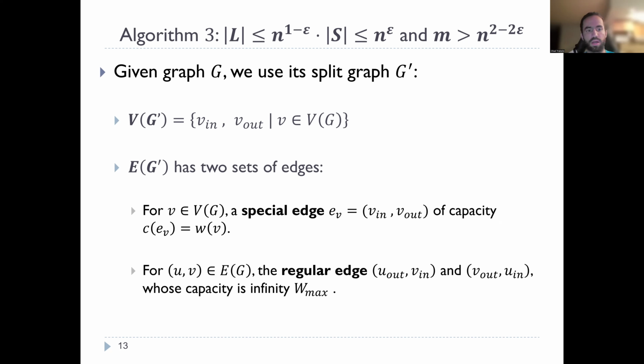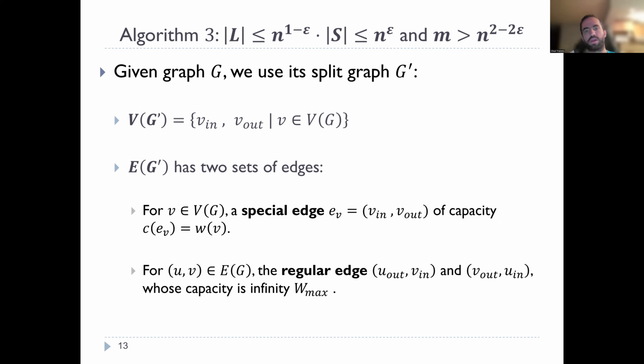And also the set of edges. For the set of edges, we have two types. We have special edges: for every node V in the given graph, we have a special edge, V in directed to V out, of capacity the same as that node.